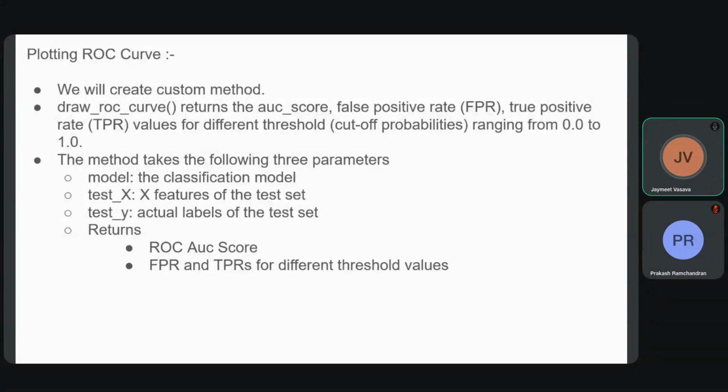The parameters the method will take are the model itself, the test X or the X features of the test set, and the actual labels of the test set, and it will return the ROC AUC score, the FPR, which is the false positive rate, and the true positive rate for the different threshold values.